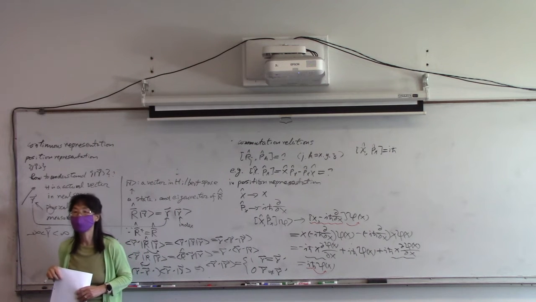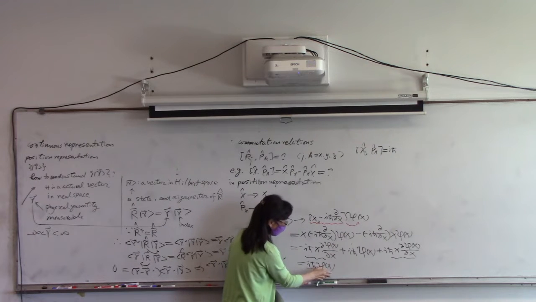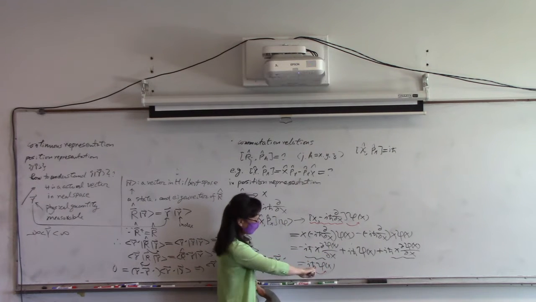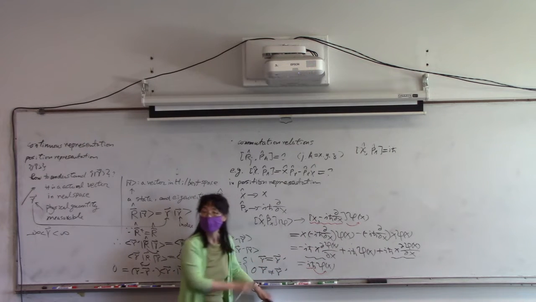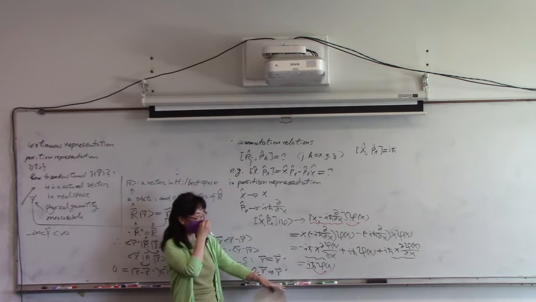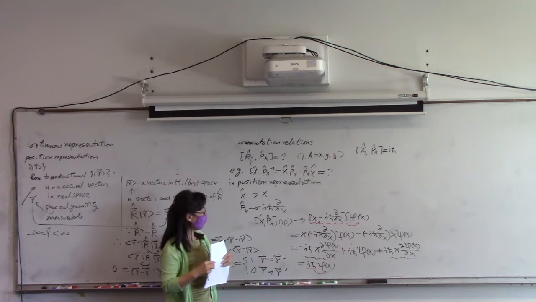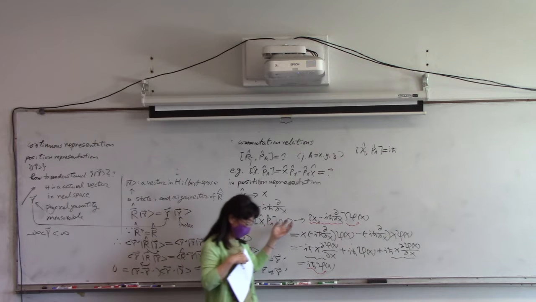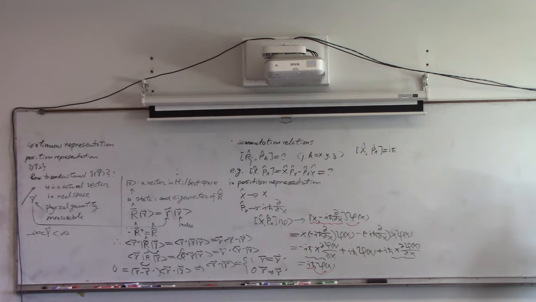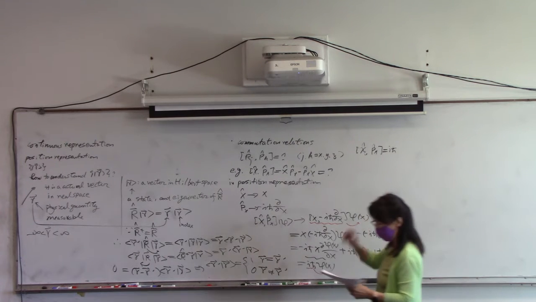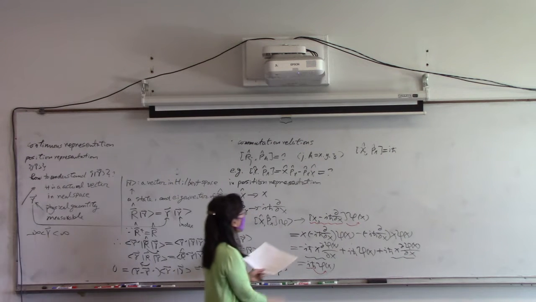That makes sense? So in the position representation we obtain that. And actually this commutator relation does not depend on which representation you take; we always keep this relation. It takes time to prove that, so just keep it in mind.